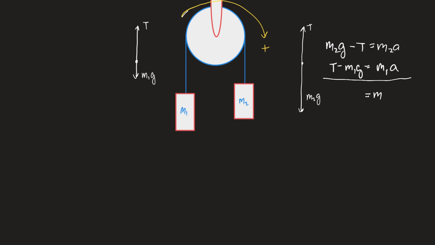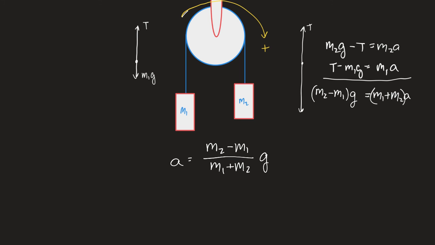That's going to produce the right side will be (M1 plus M2)A. Some of the masses shows up. T's are going to cancel. And we get (M2 minus M1) times G. That gives us an acceleration that looks like this: M2 minus M1 over M1 plus M2, times G.